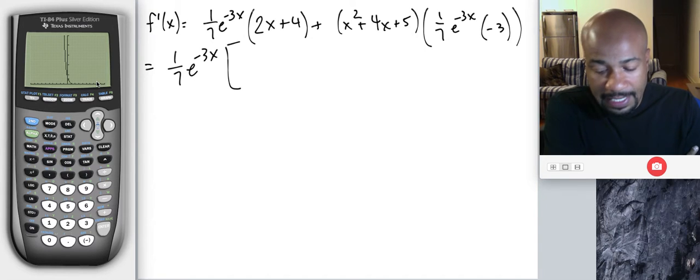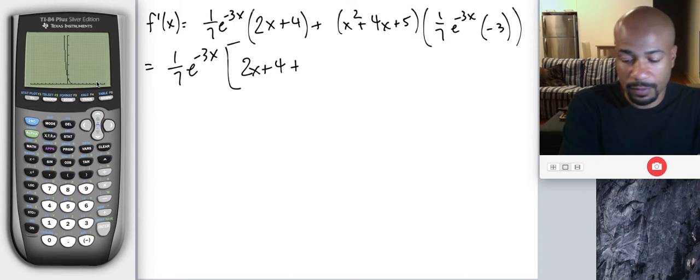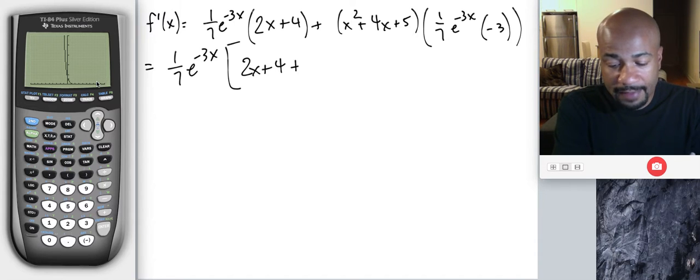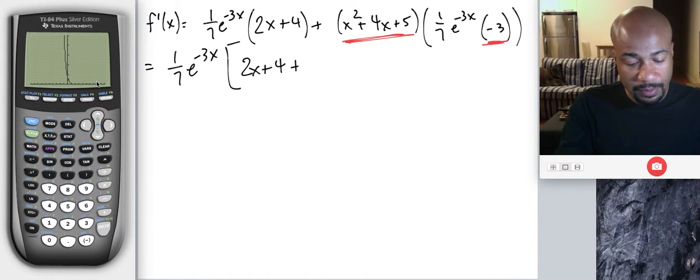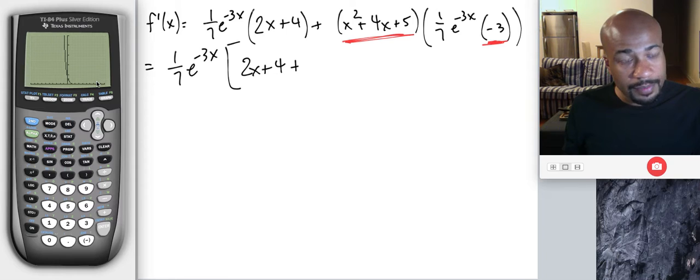Now when I pull that out, what do I have left over? 2x plus 4. What else do I have left over? So right now, what I have left over is this and that. So in terms of looking at multiplication, I pull out the 1/7 e to the negative 3x, that's out here. But what I have left is negative 3 times this quantity right here.